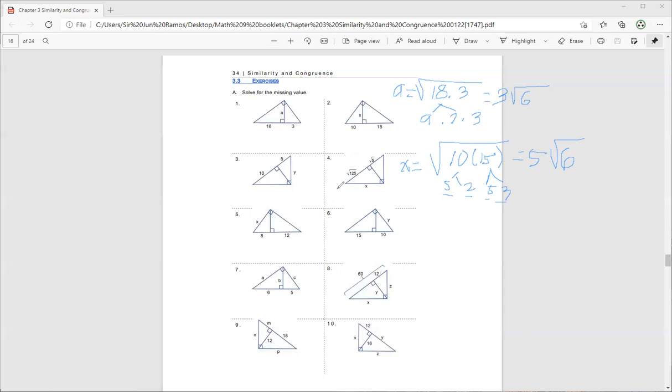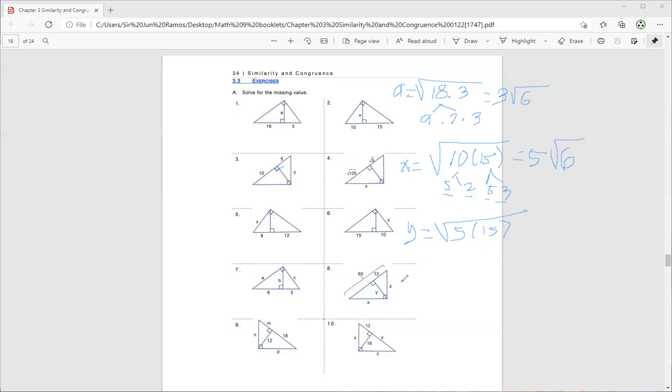Okay. Let's get to number 3. Let's have the equation for number 3. So y here is the geometric mean of the length of the segment nearer it, which is 5, times the length of the hypotenuse, which is 10 plus 5, which is 15. And you can simplify that. Okay, let's take a look at number 4.